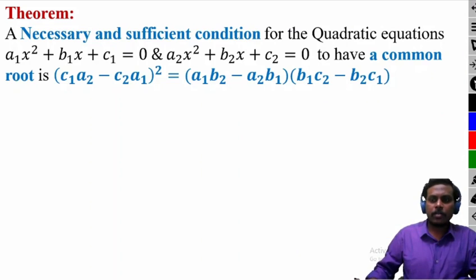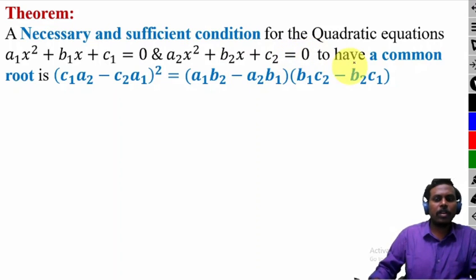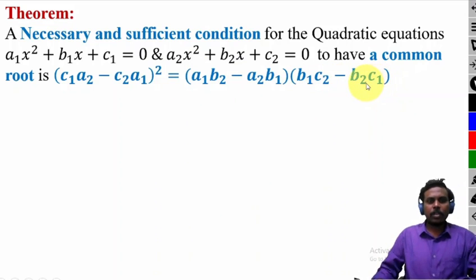A necessary and a sufficient condition for the two quadratic equations a1x square plus b1x plus c1 is equal to 0 and a2x square plus b2x plus c2 is equal to 0 to have a common root is this condition: c1 into a2 minus c2 into a1 whole square is equal to a1 b2 minus a2 b1 into b1 c2 minus b2 c1.